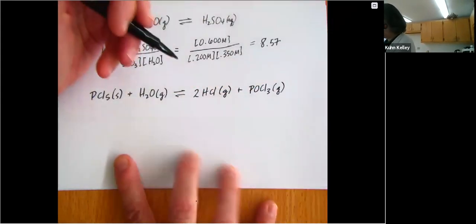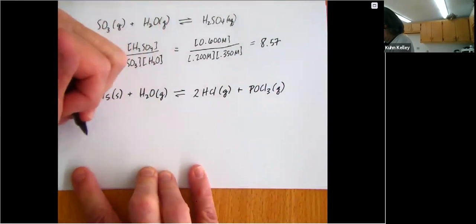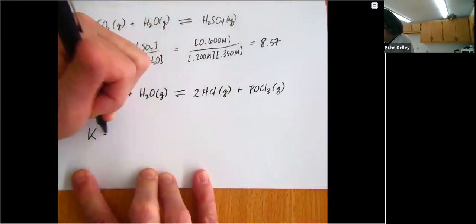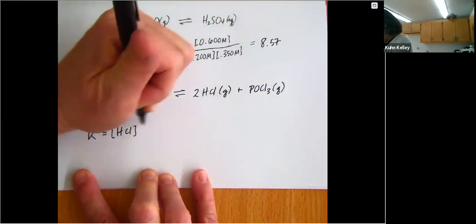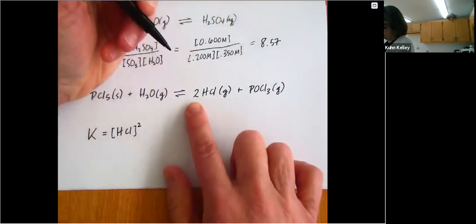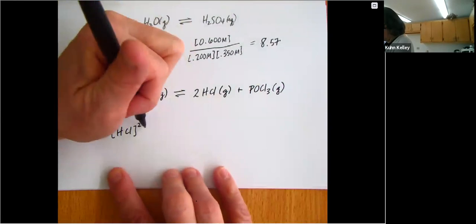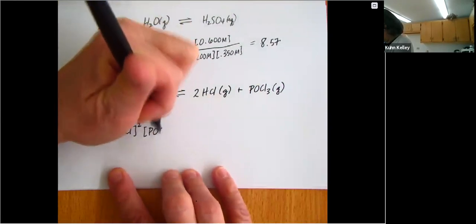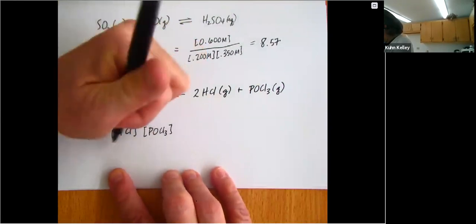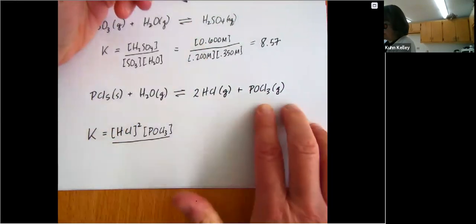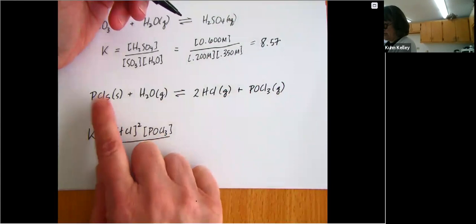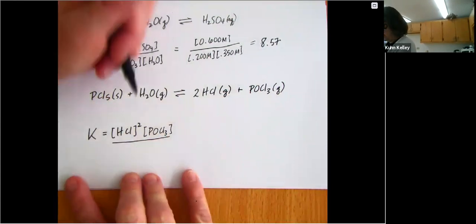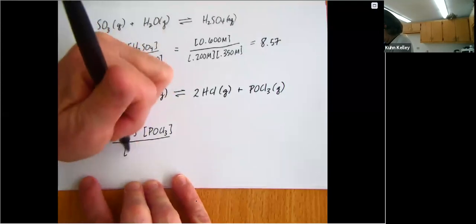Now, like I said, the first thing I want to do is set up my equilibrium constant, which in this case is going to be my products. And of course, because I have a 2 for the hydrochloric acid, I'll have to square this one. So we always put the products on top, the reactants on bottom. Notice though that I am not going to include PCl5 because it is a solid. I'm just going to have to worry about the water.